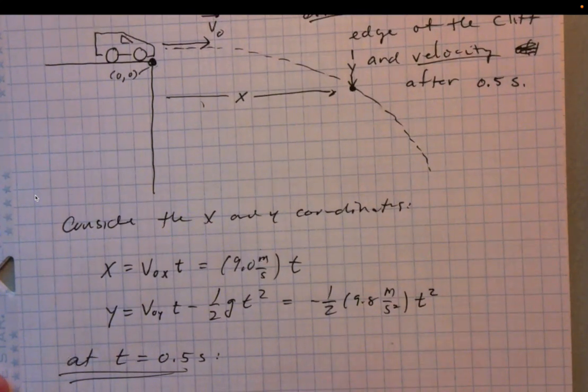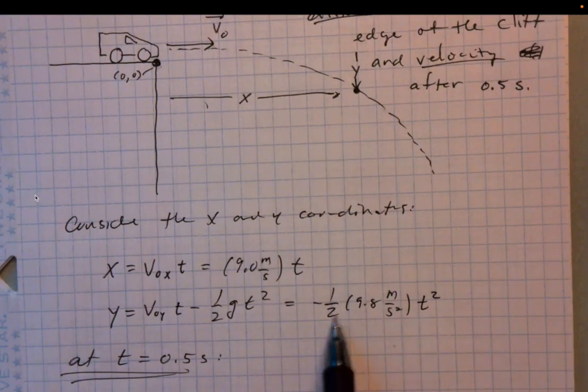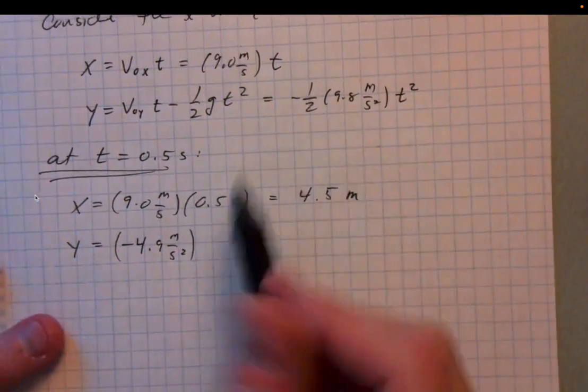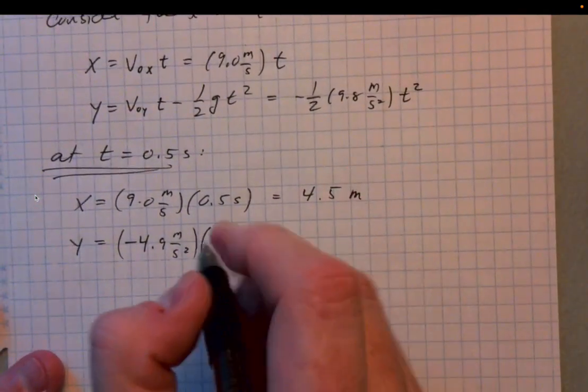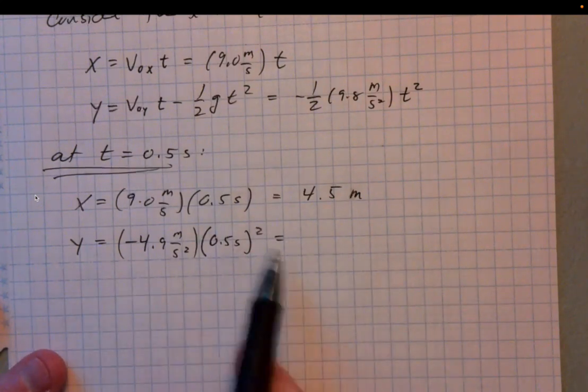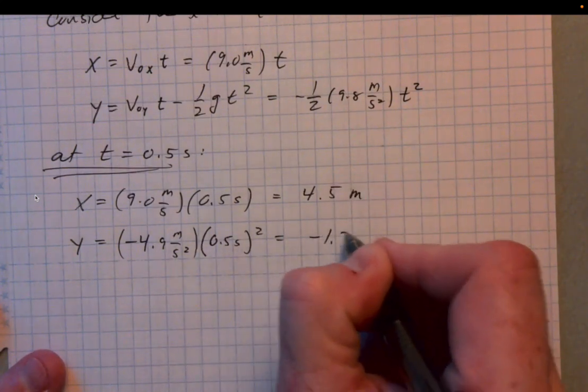And so you do that math, you can see that that's 4.5 meters. And then y is equal to negative 4.9 meters per second squared, so just taking half of 9.8 here, apologies, half of 9.8 times 0.5 seconds squared, right? And if you multiply this all out, you should get something like negative 1.2 meters.